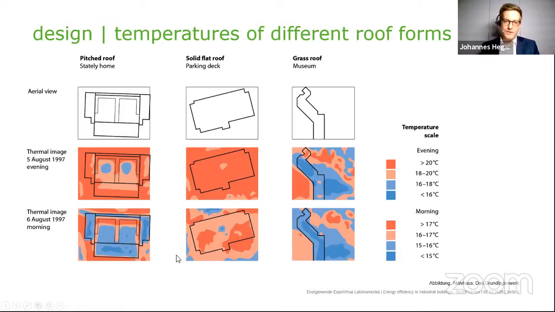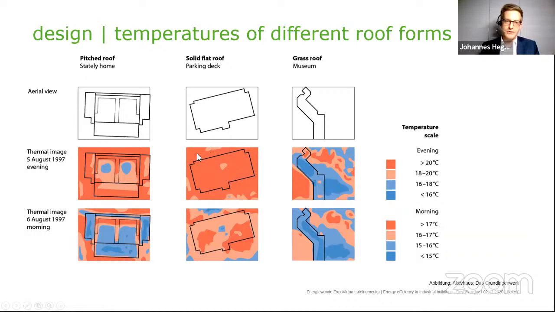So this is a thermal image in the morning. The pitched roof is quite cool, but is also getting hot in summertime over the day. But if we are looking at the flat roof, the situation is quite different. Even in the morning the roof is still quite hot, more than 70 degrees Celsius, and in the evening it's really hot.